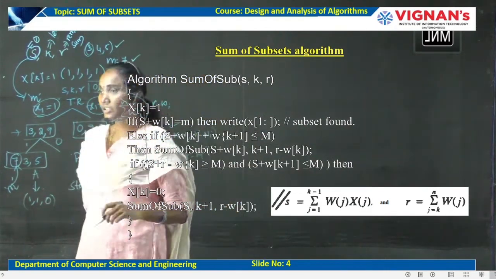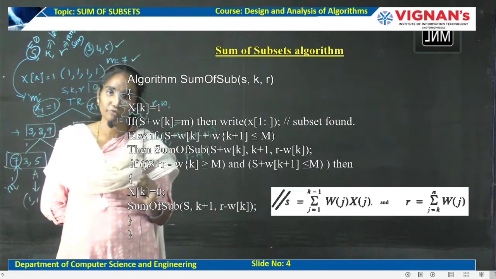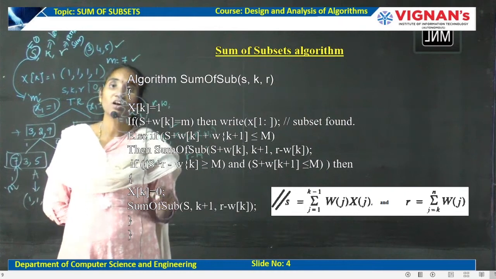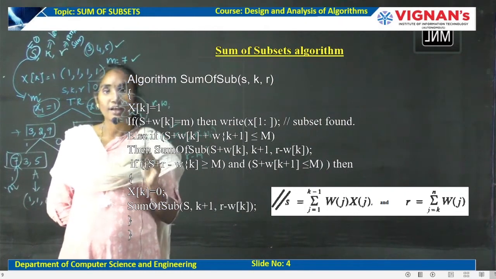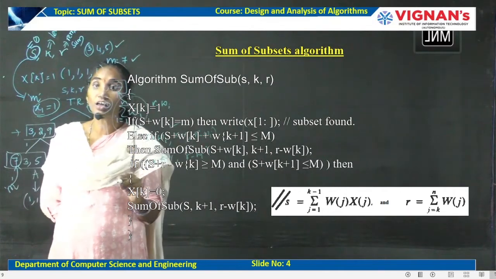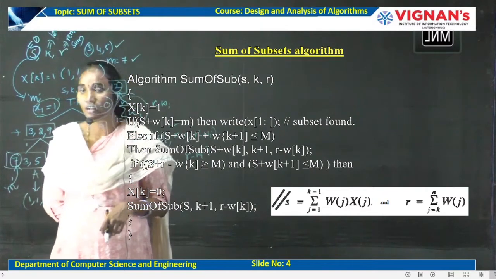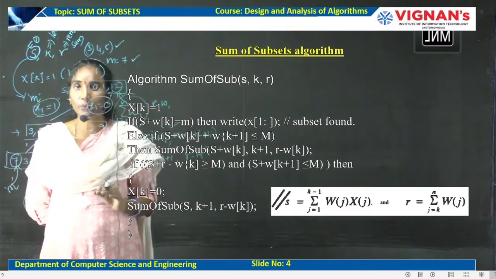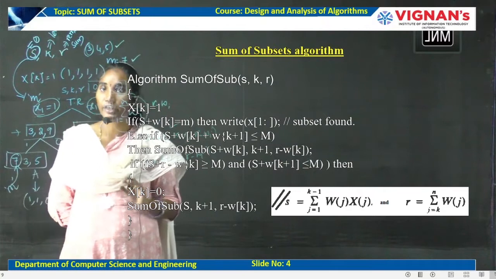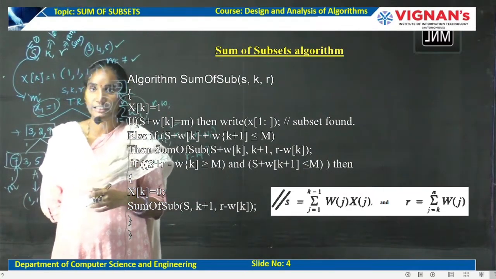If you have seen clearly here, sum of subsets of s plus w of k comma k plus 1 comma r minus w of k, and in the next one sum of subsets of s comma k plus 1 comma r minus w of k. So this is how we need to find the sum of subsets for the given instance.